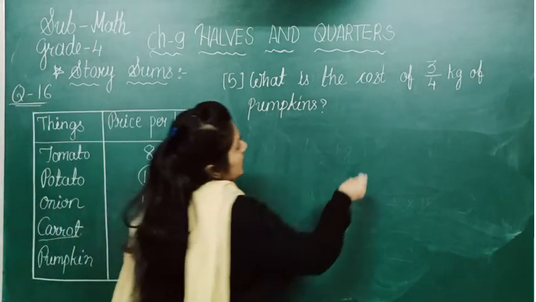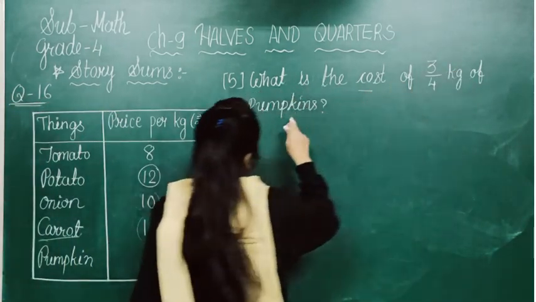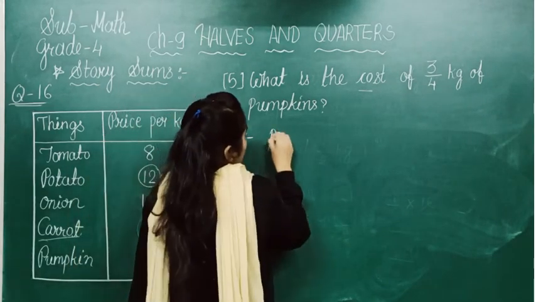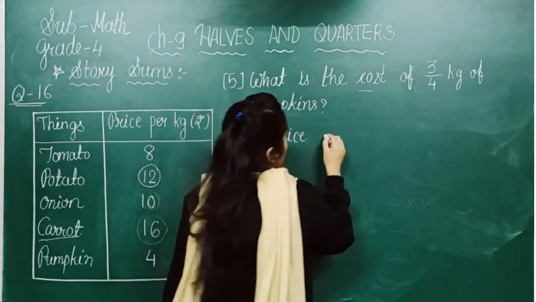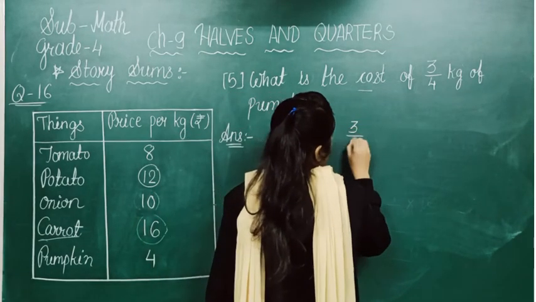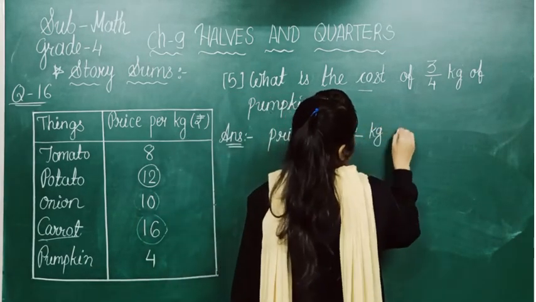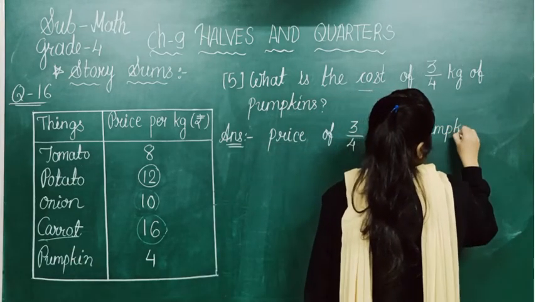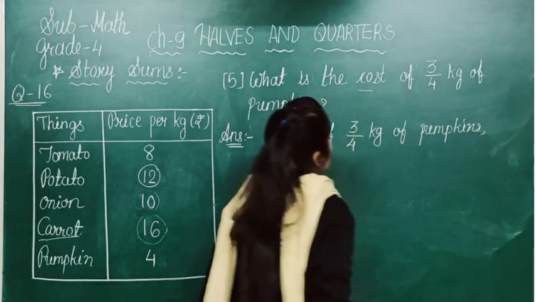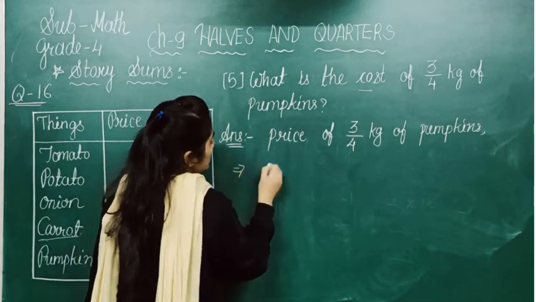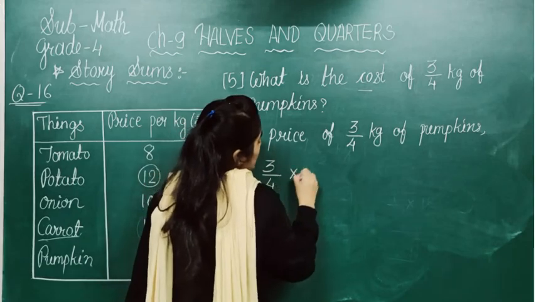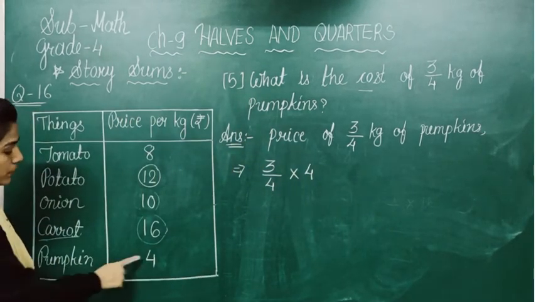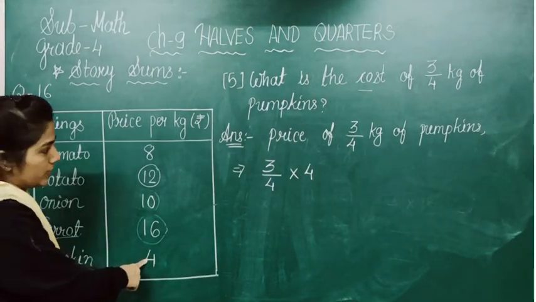And we have to find the cost of 3/4 kg of pumpkin. So we can write our answer like this: price of 3/4 kg of pumpkin, multiplied by 4. Why? Because in front of pumpkin, rupees per kg is given 4, right?